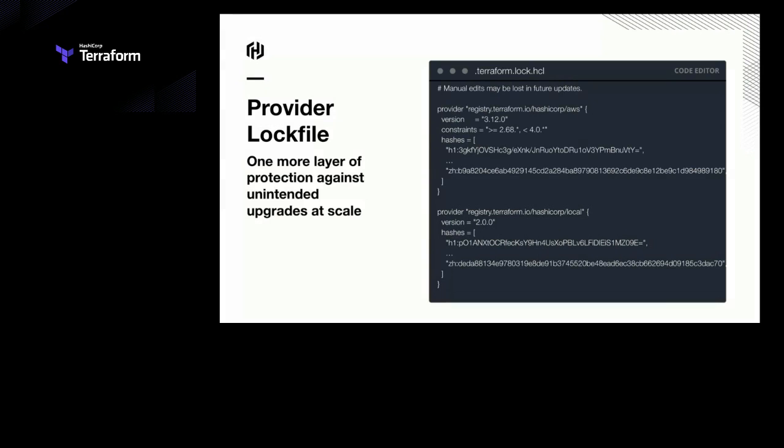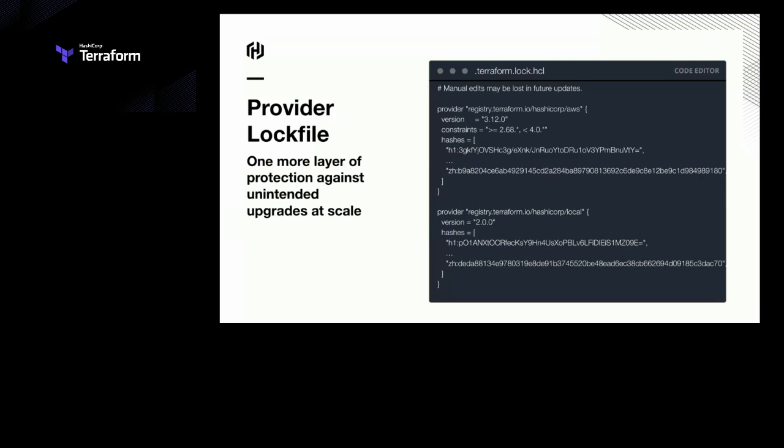The other major feature coming to Terraform 0.14 is the provider dependency lock file. This is one more layer of protection when you are running Terraform at scale. You can pin provider versions today, but that pinning is not so discrete that you are absolutely guaranteed that Terraform and automation will use the same provider day in and day out.